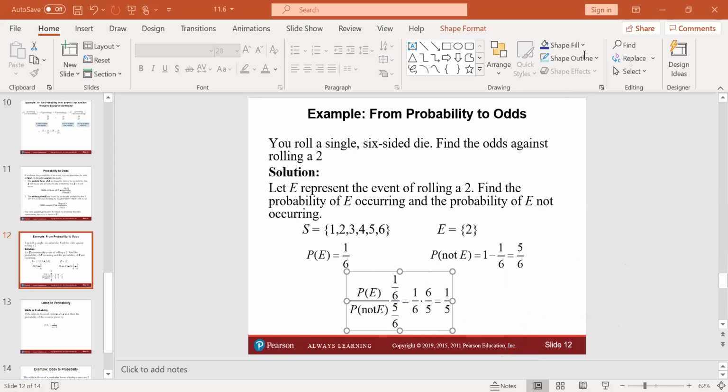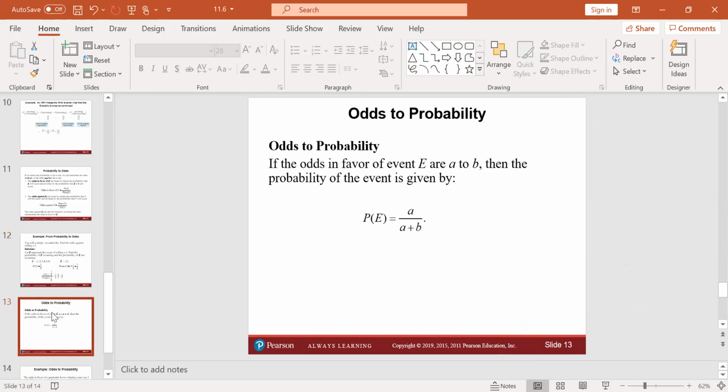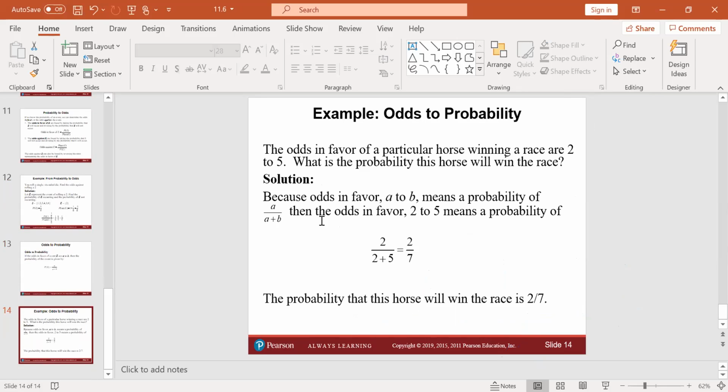So you can convert your odds back to probability. If the odds in favor of an event are A to B, for instance, if the odds in favor of a horse winning are 2 to 5, it's odds in favor. Thus, 2 of the chances go in favor of the horse, 5 of the chances go against the horse.